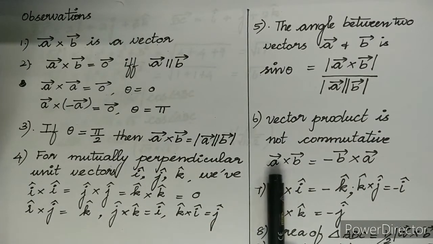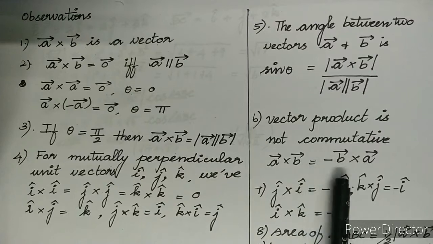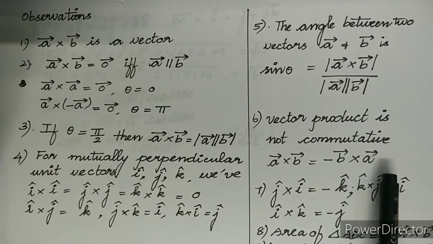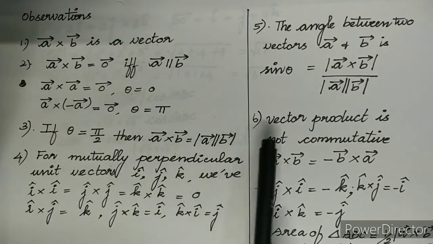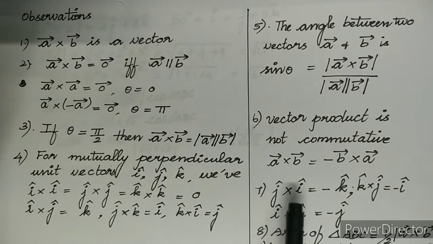That is, A vector cross B vector is equal to minus B vector cross A vector. From the observations 4 and 6, we can write k cap cross i cap as minus k cap, k cap cross j cap as minus i cap and i cap cross k cap as minus j cap.